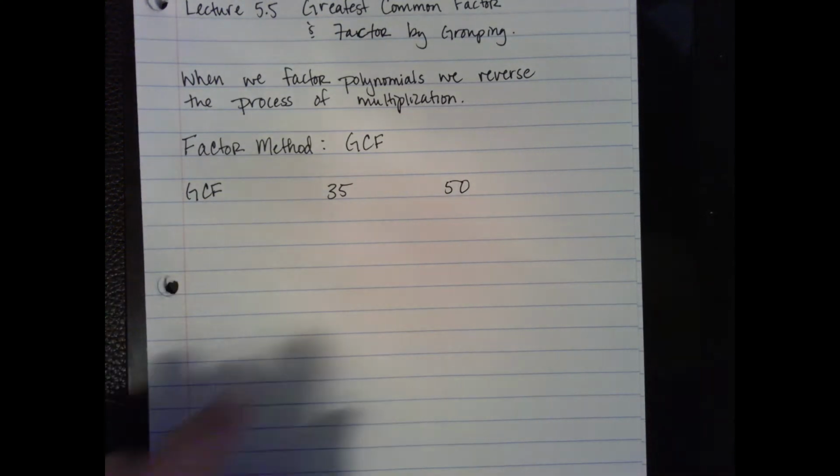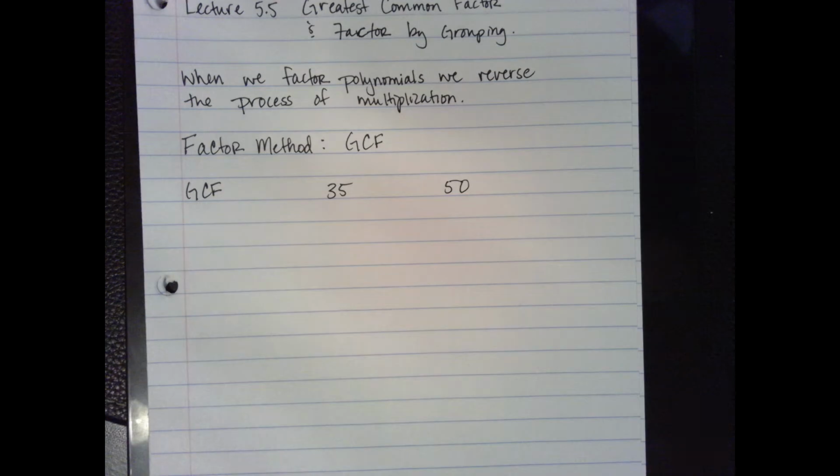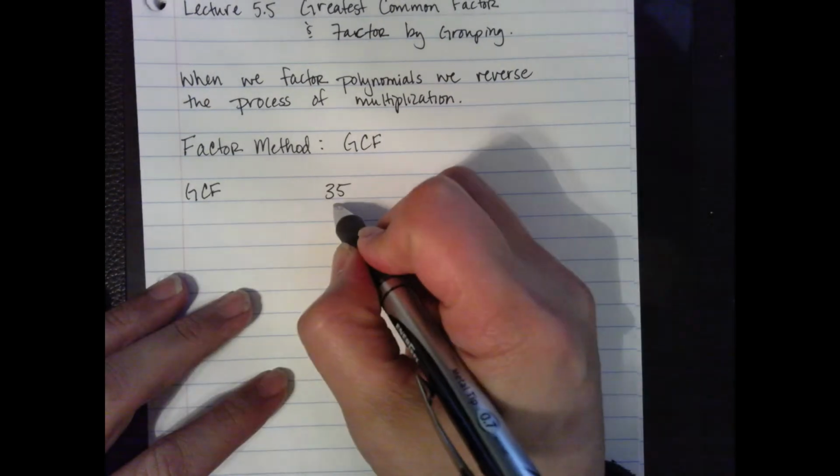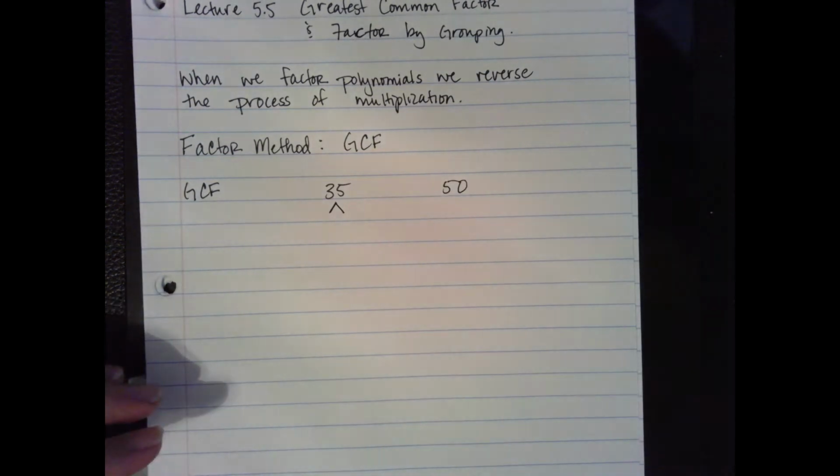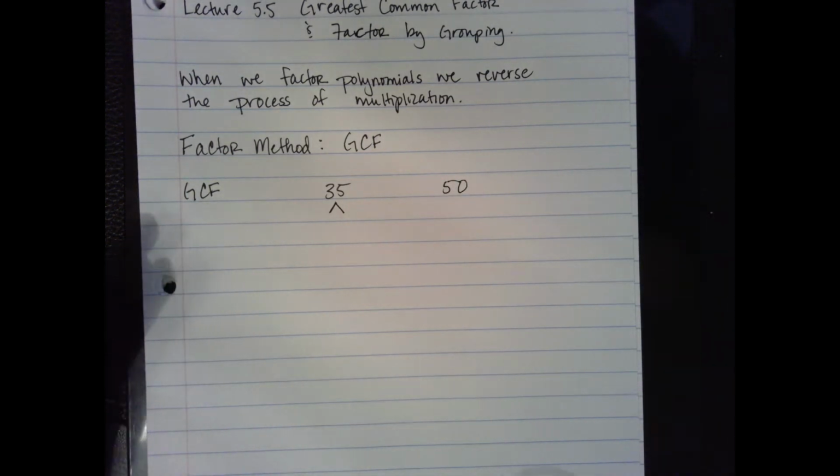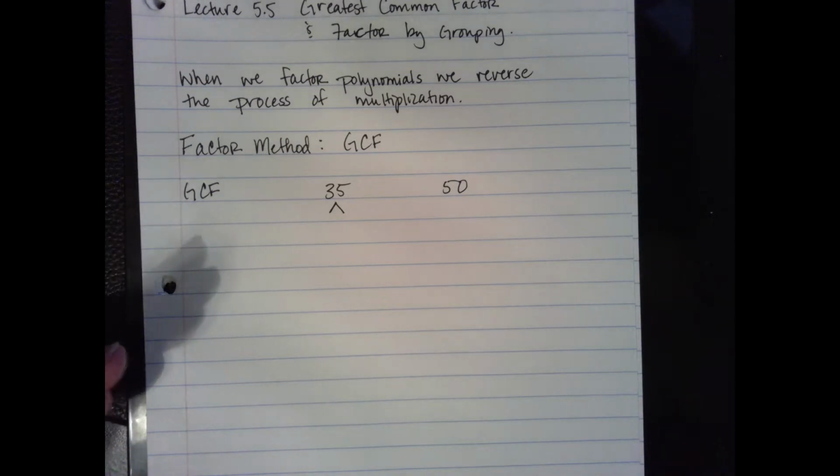So this is the product. I need to find the factors. And I really don't need to include 1 because 1 is always going to be a factor, unless I'm looking at something like 1 times 7, where I can only factor 7 to be 1 and 7.